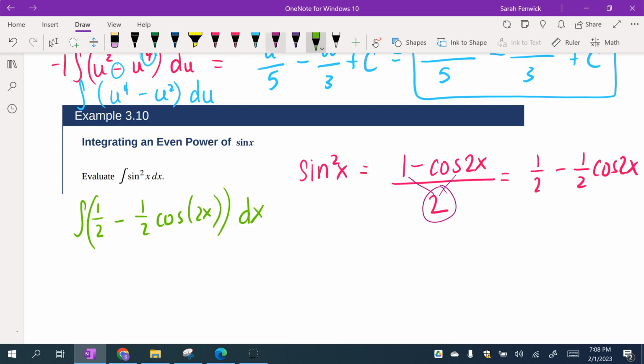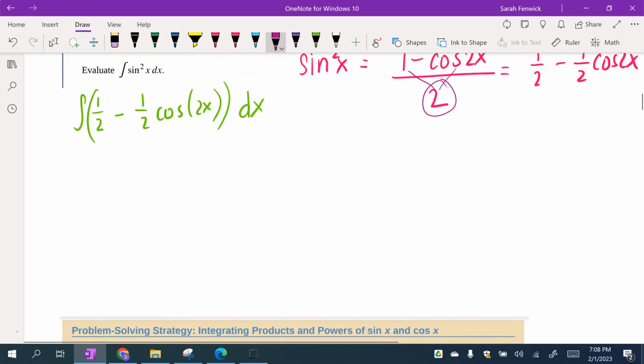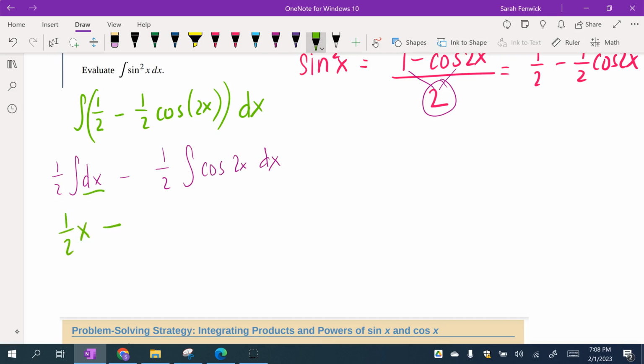So I'm going to probably go into a little more detail than the book does, just because we're still working on these whole integration things. 1/2 integral of dx minus 1/2 integral of cosine 2x dx. This one's easy. This is 1/2 x. However, here u equals 2x, du equals 2 dx.